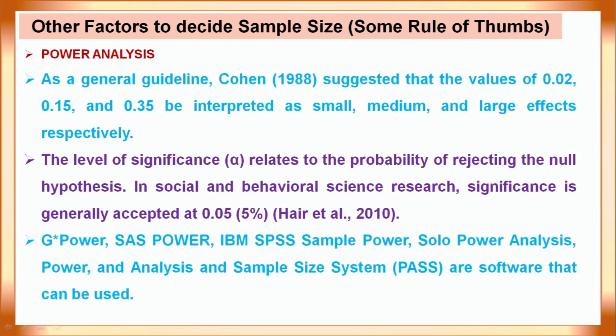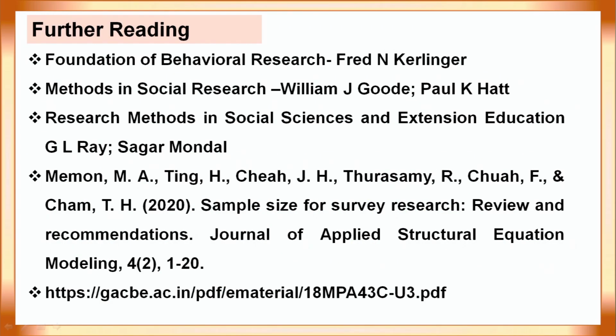So in this class we looked into how to use the Cochran formula for calculating sample size in the case of continuous data and categorical variables, and how to use those different parts. We also looked into the Krejcie and Morgan table again.